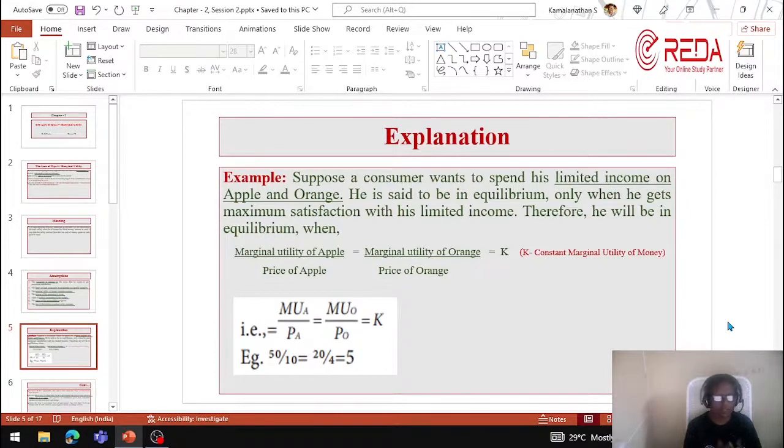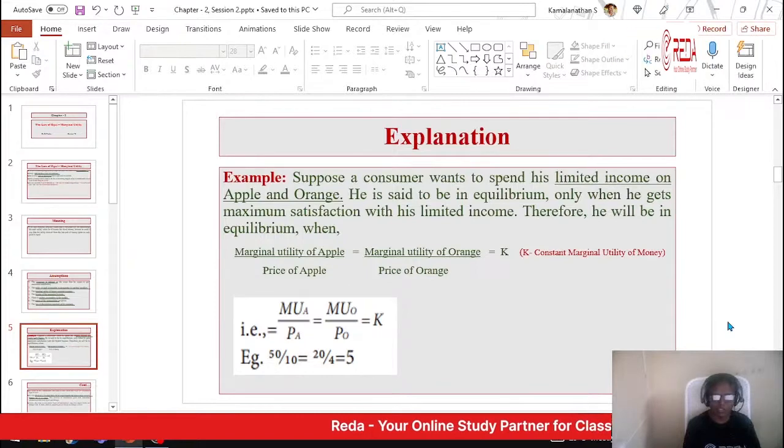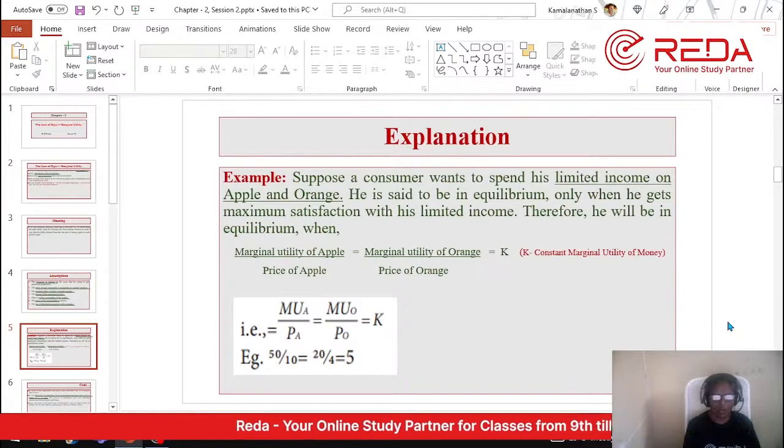For example, a consumer is going to spend his money on the purchase of apple and orange. In purchasing apple and orange, how much utility is he going to get? Is it possible to have the same level of satisfaction in purchasing the two commodities, apple and orange?